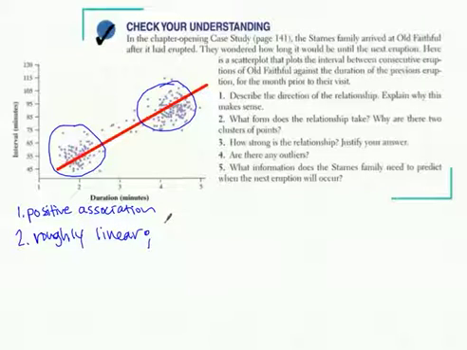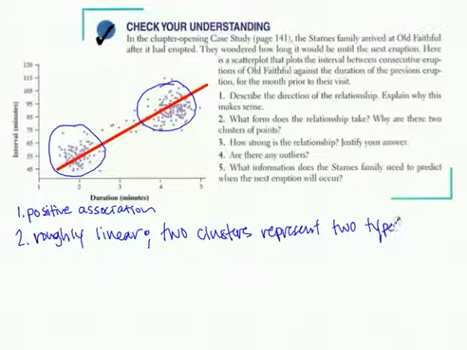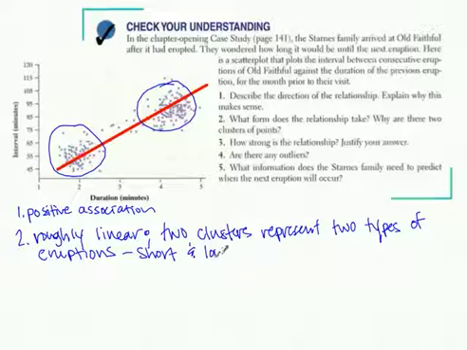And then we would say 2 clusters represent 2 types of eruptions, short and longer.